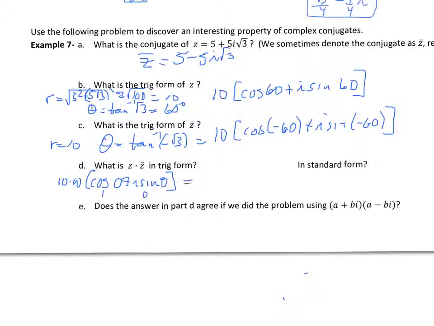So what do we get? 100. Where's our angle? Angle is 0, so which way does this go? Yeah, horizontally along the positive x-axis, right? Out 100 units. And then there's trig form, 100 cosine 0 plus i sine 0, and then standard form is just 100.